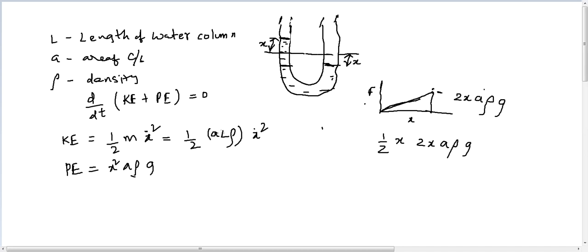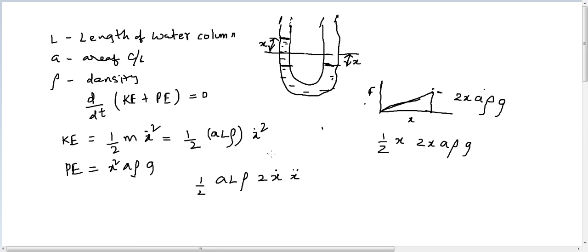So the derivative of the sum of these two must be equal to 0. Let us do that. It is half A L rho, here it is 2 x dot into x double dot.